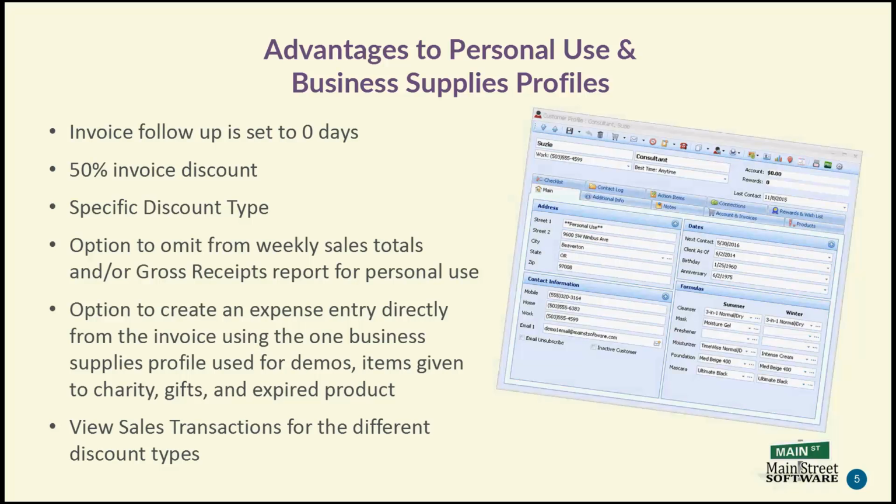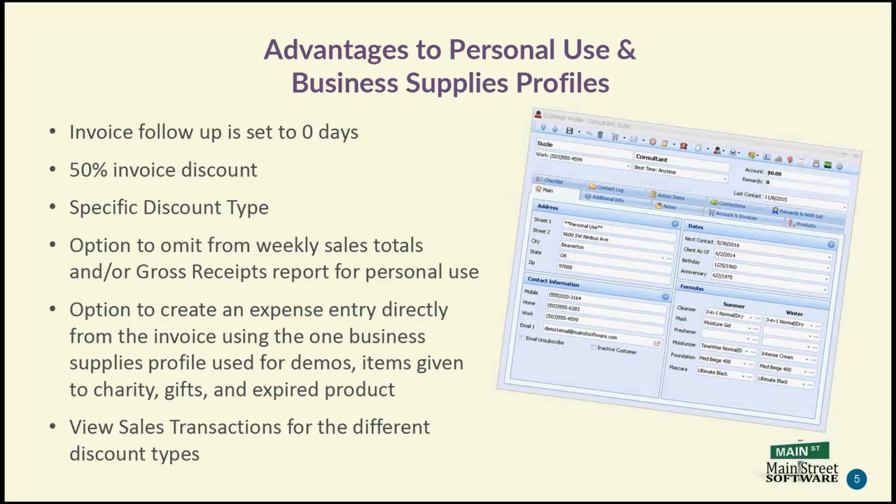And you only need to have one business supply profile created for handling everything from Section 1 items being pulled out of your inventory for demonstration, gifts that you are giving to unit events or to charity, a women's shelter, or any expired product.